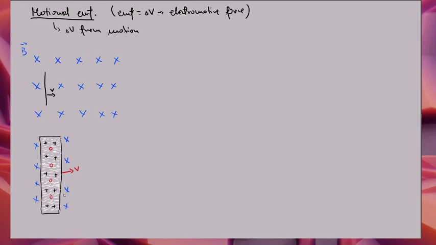And that implies that you're going to have a force acting on them. If you have a charge Q present in the magnetic field, and this charge Q is moving at speed v, then you will have a force acting on this charge.